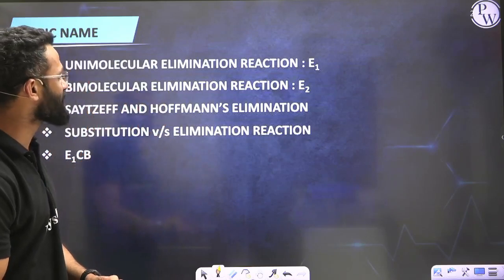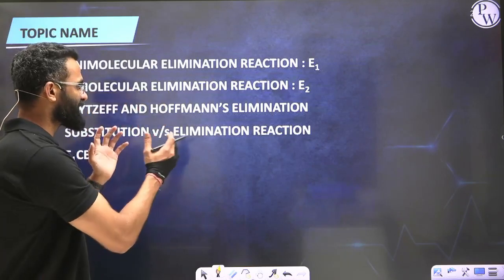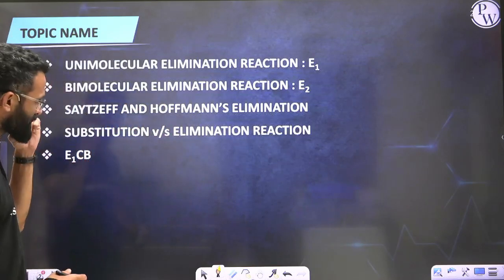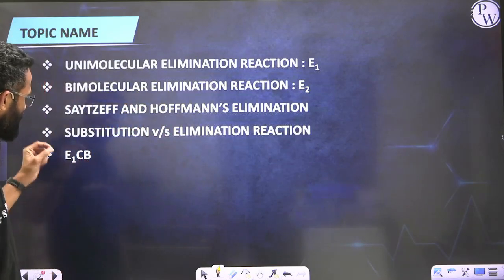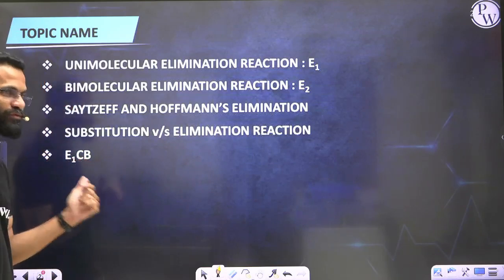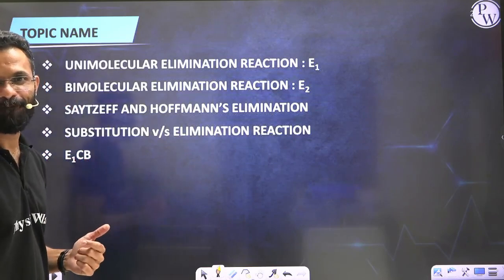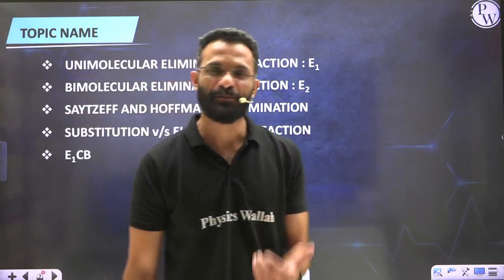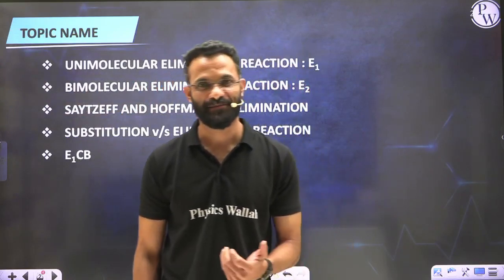Then we'll discuss substitution versus elimination, and once that is done we will learn yet another important mechanism called unimolecular elimination via conjugate base, which we call E1CB. So guys, without wasting much time, let us begin with the elimination reaction.